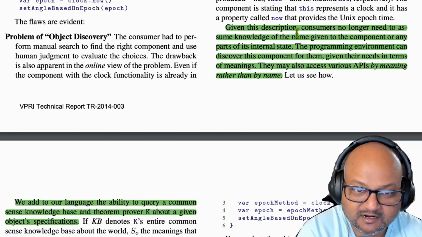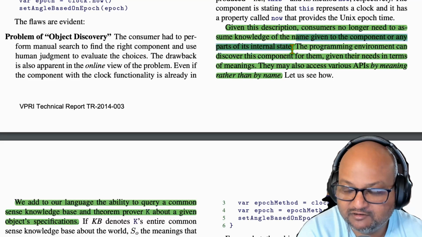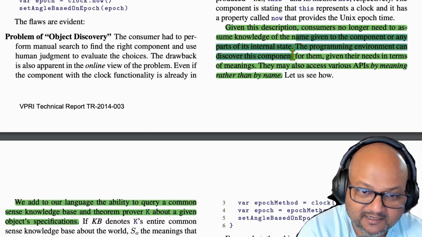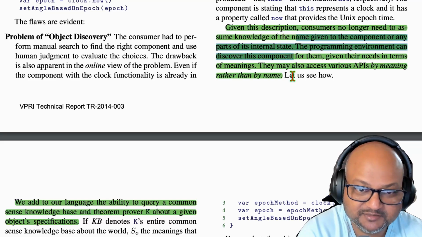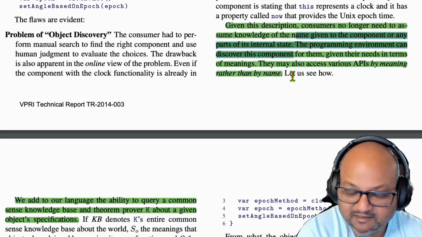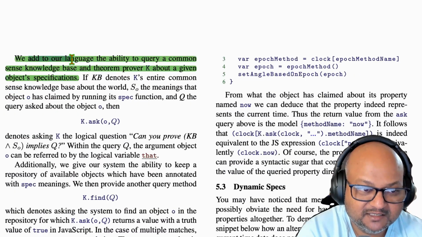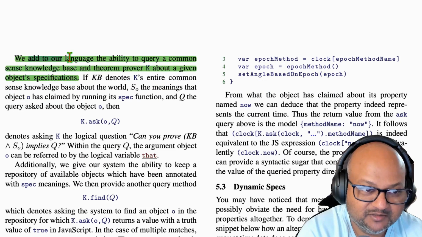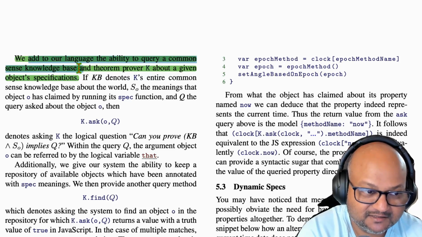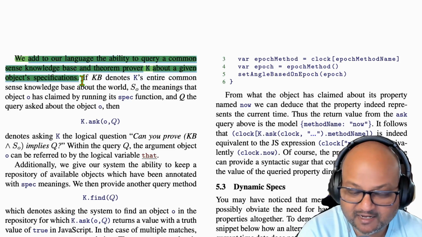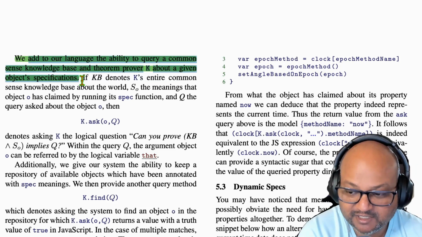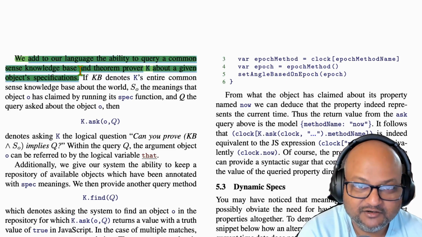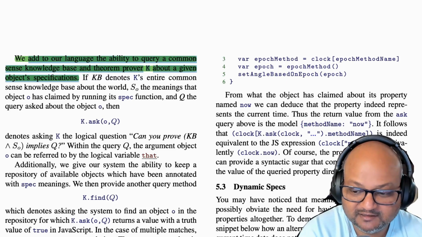And then at runtime, you could ask your component library, I need something to look up the time, and it would understand all these descriptions and find you the right library for that. And mechanistically, the way you would implement it is you'd have this huge common sense knowledge base and a theorem prover that would chase a chain of implications. It would do some kind of reasoning over that knowledge base to find you the right library.